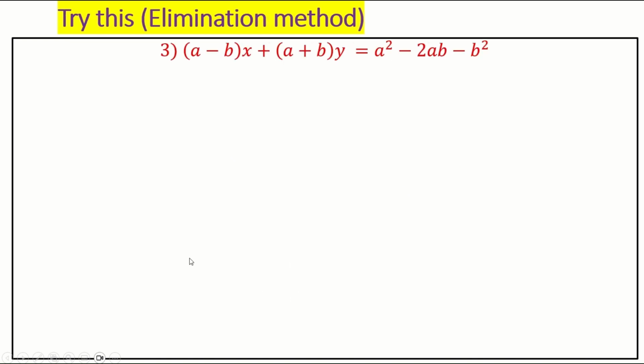Okay. Now (a minus b) into x plus (a plus b) into y equal to a square minus 2ab minus b square. (a plus b) into (x plus y) equal to a square plus b square. Okay. E1 minus E2. That's all. Because if I see here, the coefficient of y is a plus b, the coefficient of y is a plus b, same. So if I subtract, that's enough actually.